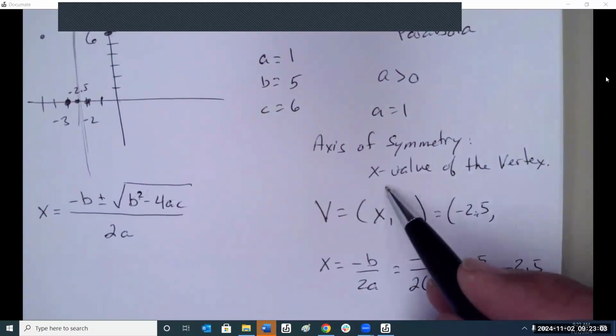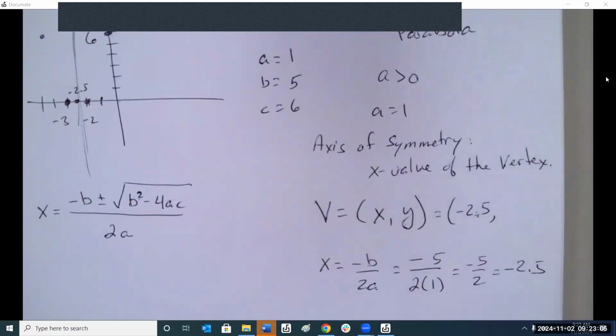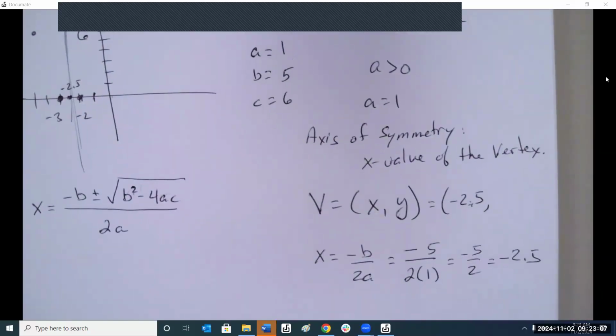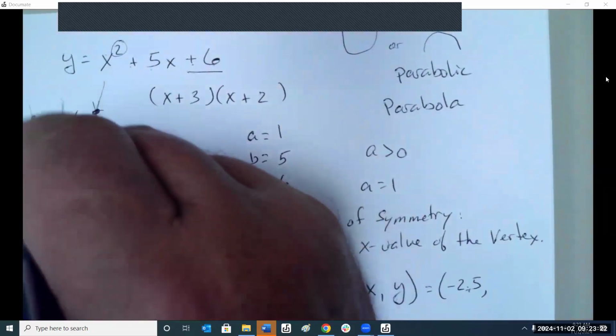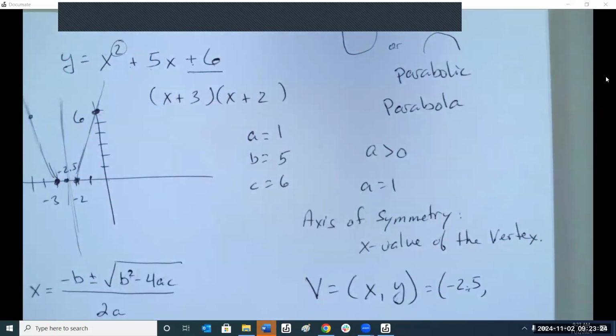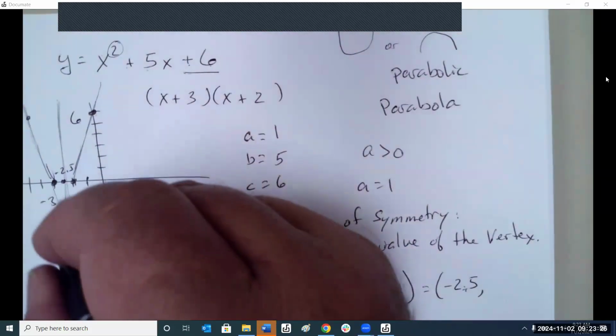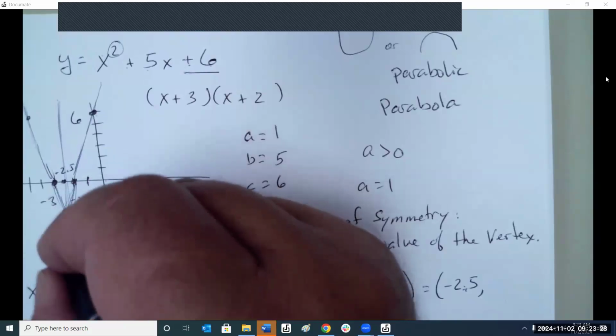So that's the axis of symmetry, the x value of the vertex. What does that tell us? It tells us somewhere on that line, the vertex has to sit. Well, we know it opens up, that means the vertex has to be somewhere below there.